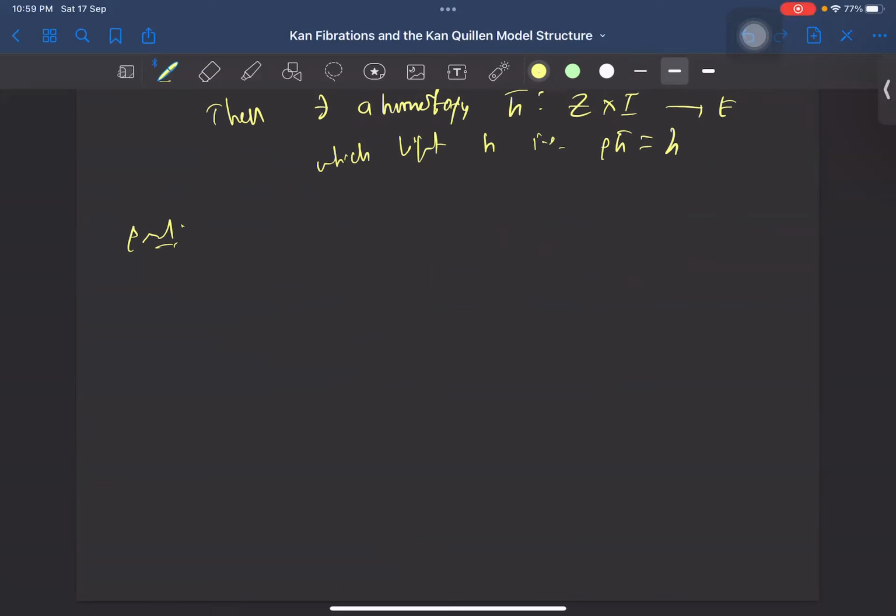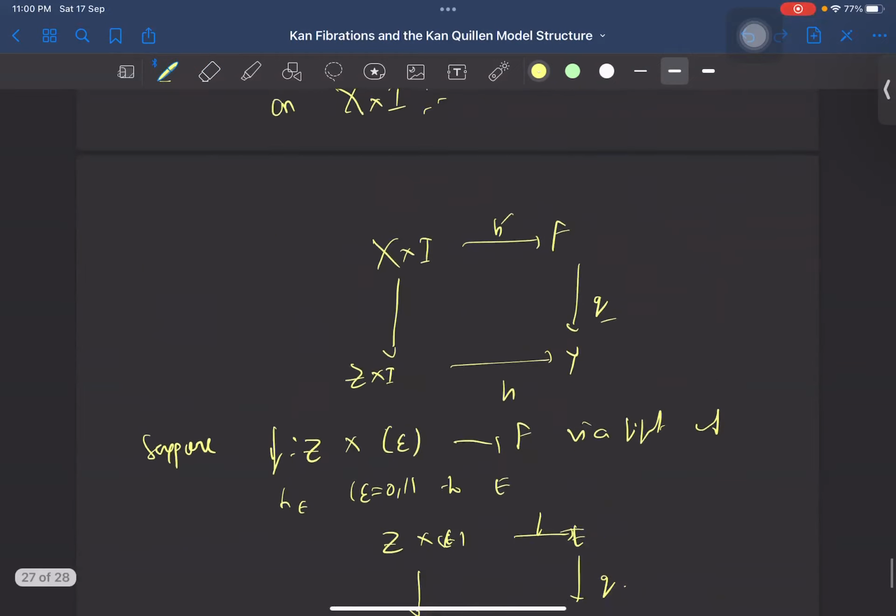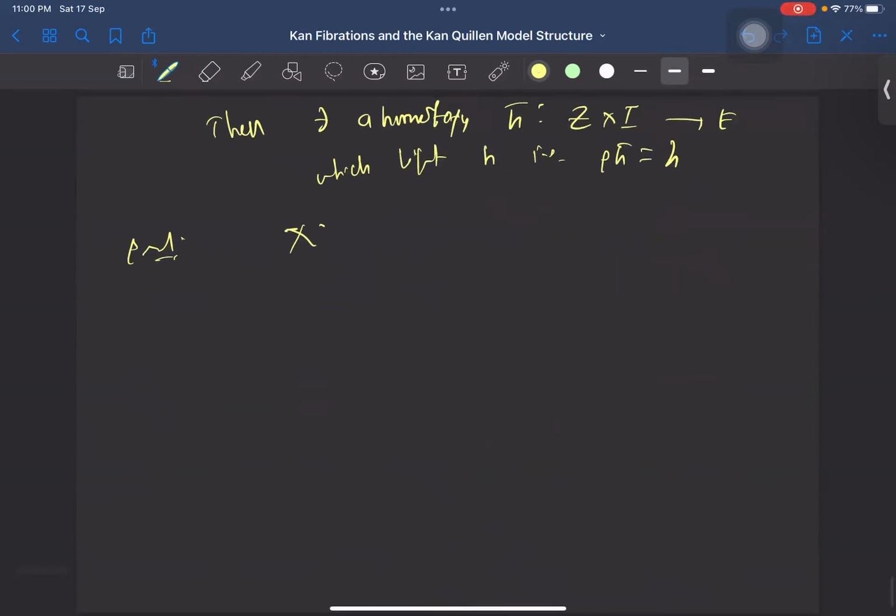Okay. So using the previous theorem and all the given data that we have, we'll end up with the following. I won't get into the details, but I'll give a quick sketch. Wait, let me check my notation again. So we'll get the following commutative diagram.